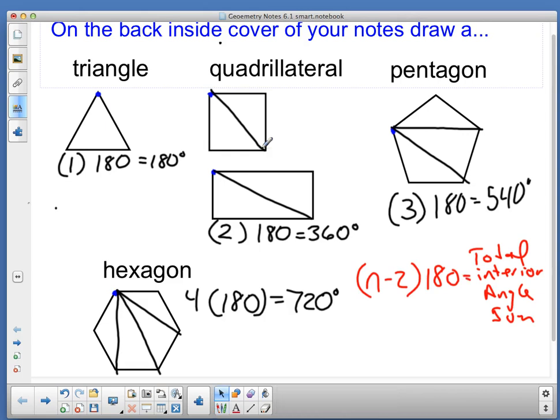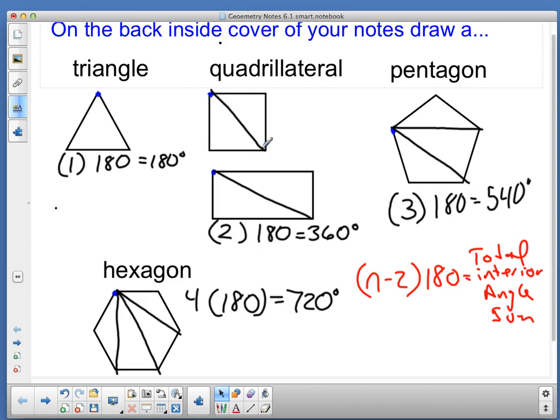Total value of the interior angles is n minus 2 times 180. So our 102-sided figure has 100 times 180, because 102 minus 2 is 100. Okay, so it's 18,000 degrees.